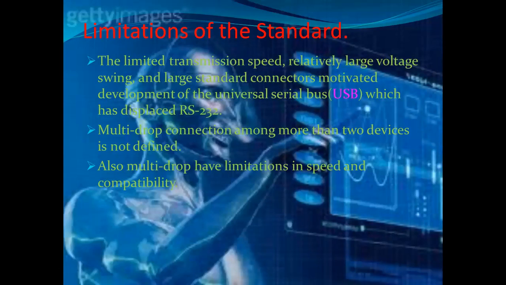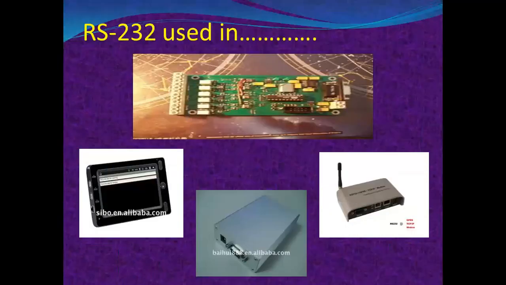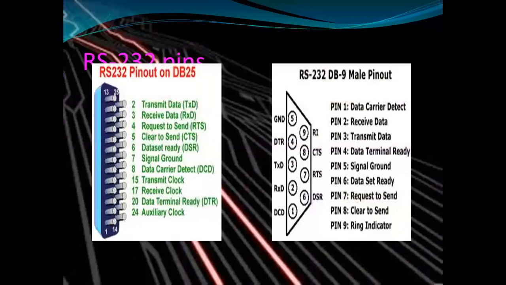Also, multi-drop has limitations in speed and compatibility. Some different types of RS-232 cables are shown in the figure, which may be used with devices such as printers and hubs. RS-232 is used in some modems like this. The RS-232 pinout of this is a 9-pin, or this is a 25-pin male pinout.